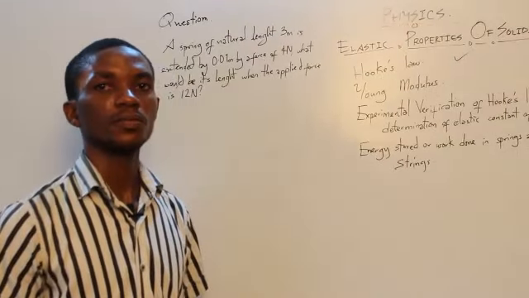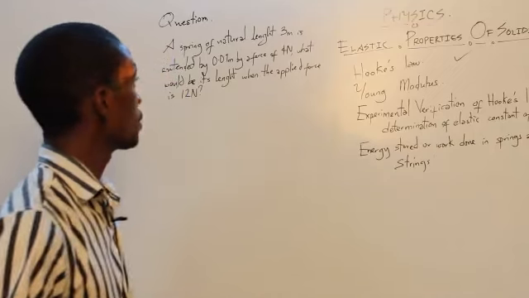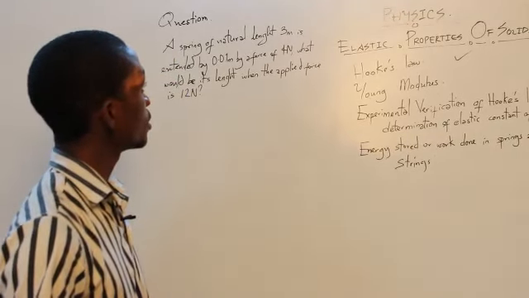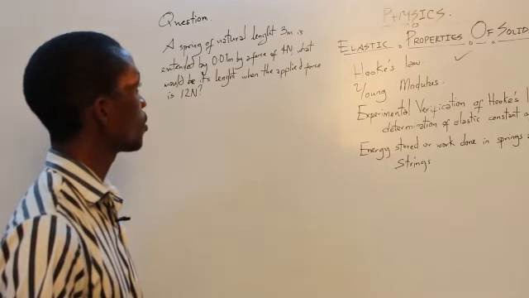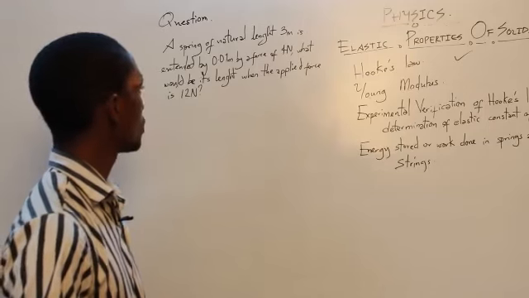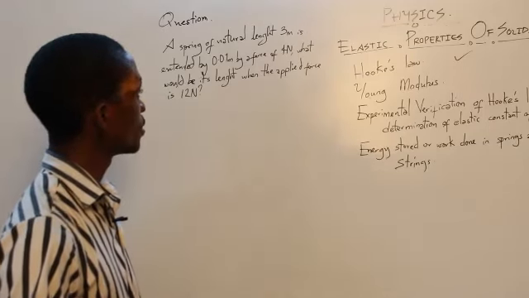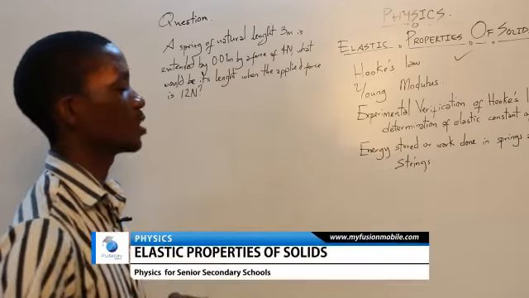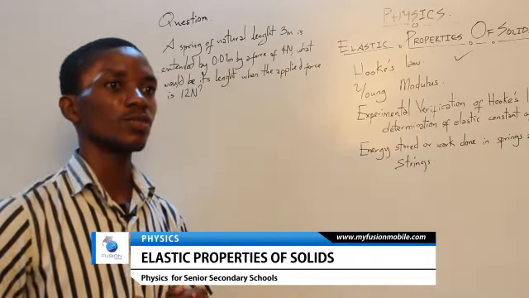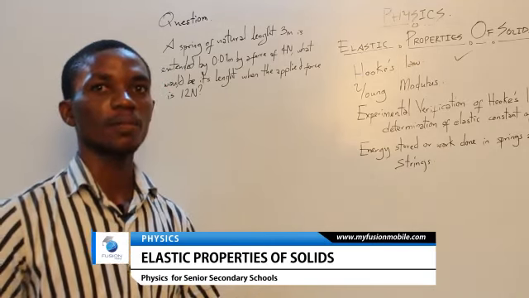Let's take a question on springs. A spring of natural length 3 meters is extended by 0.01 meter by a force of 4 newtons. What would be its length when the applied force is 12 newtons? When we look at this, what we need to do is, of course, write out our parameters first.